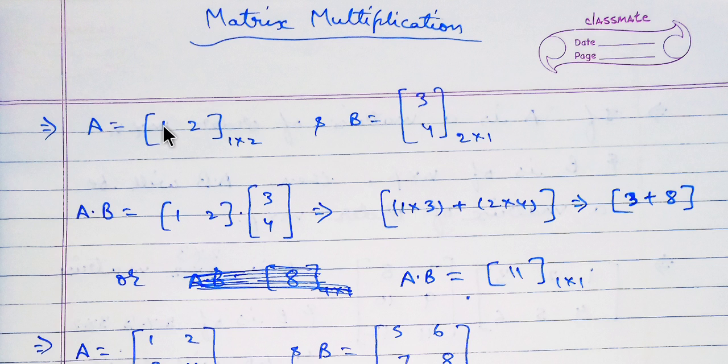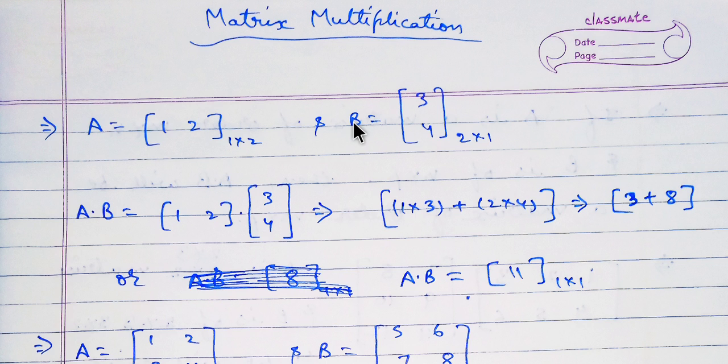So this is the A matrix and this is the B matrix.